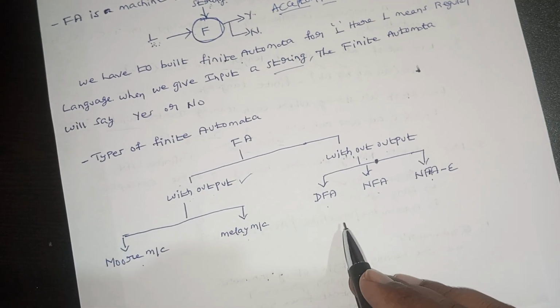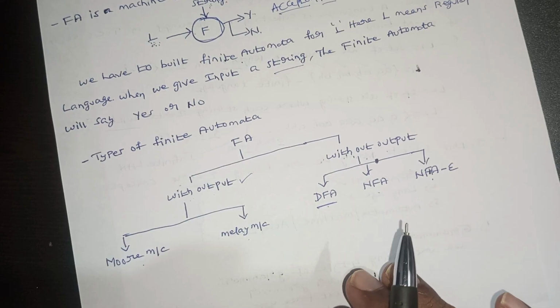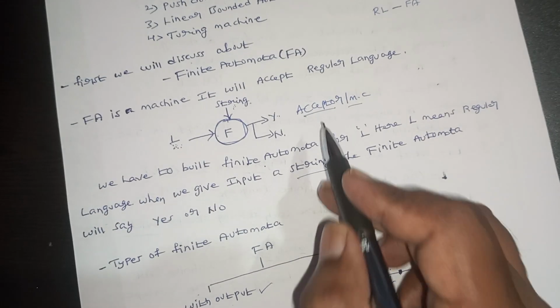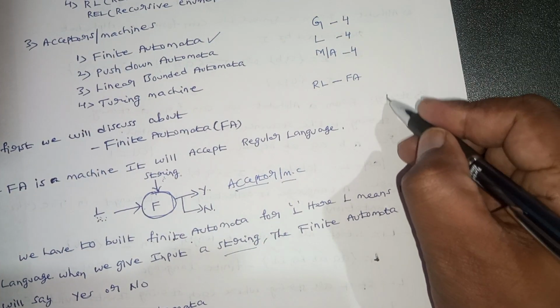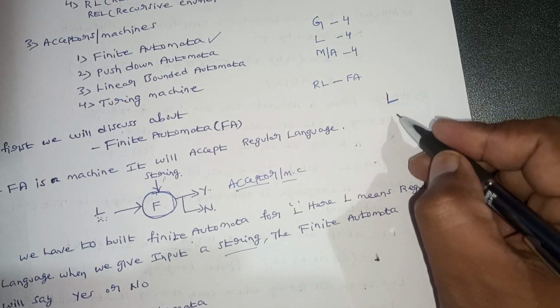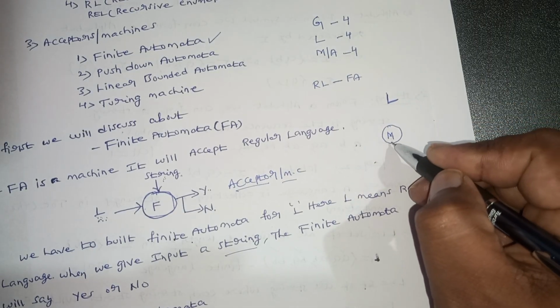First we will discuss the problems on the DFA. And one more thing, this is completely a problematic subject that you have to understand. What is an acceptor? I am telling one more time. First they will give one language. For this language I have to build a machine, that is called a finite automata.